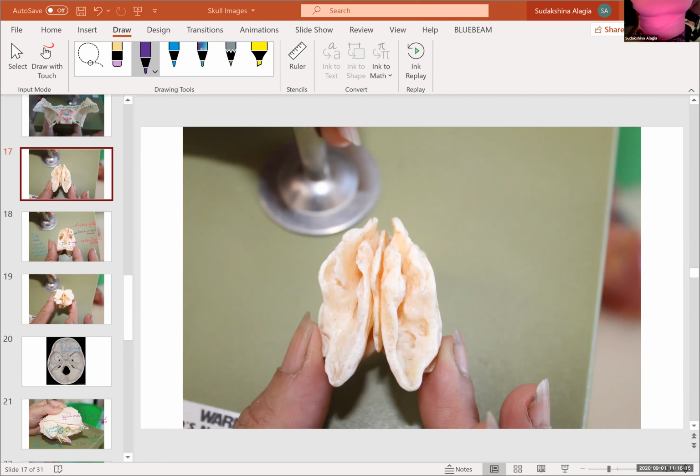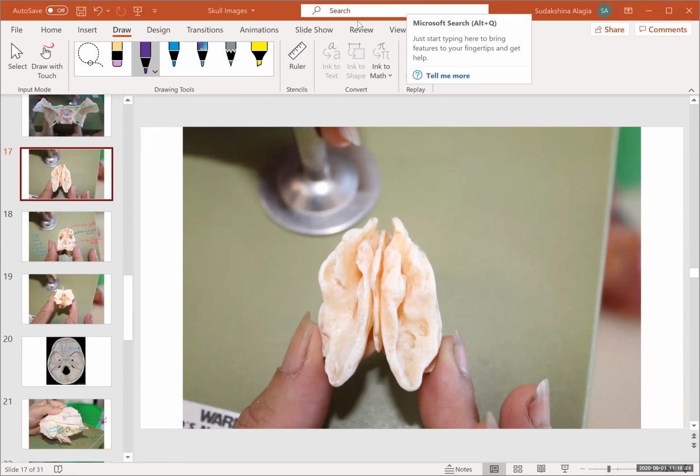So moving on, going back to the image. Inferior view. This is the inferior view of the ethmoid bone.